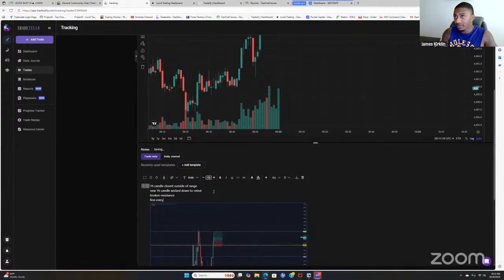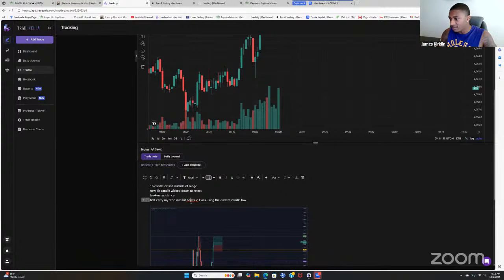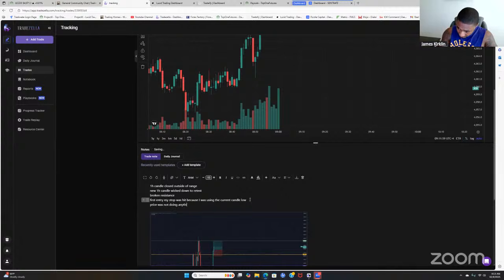First entry, my stop was hit because I was using the current candle low. Price was not doing anything unordinary, but grabbing a larger bottom wick for more liquidity.